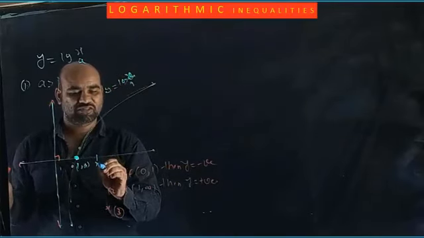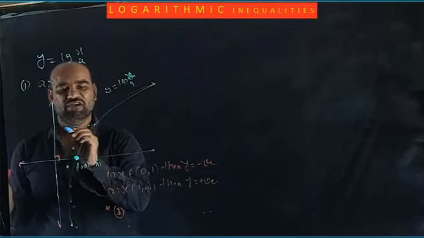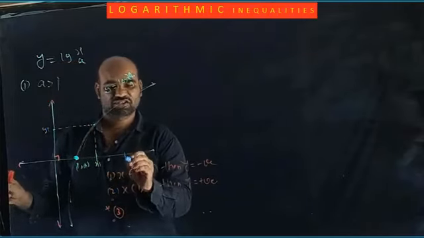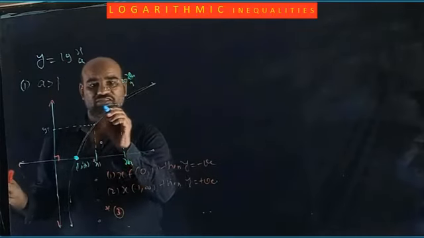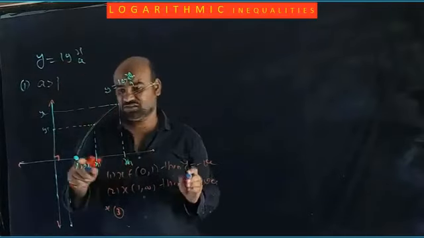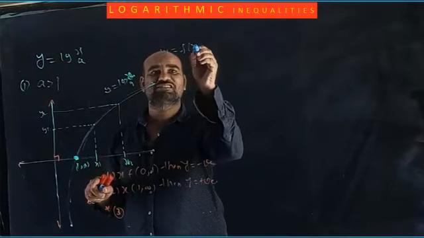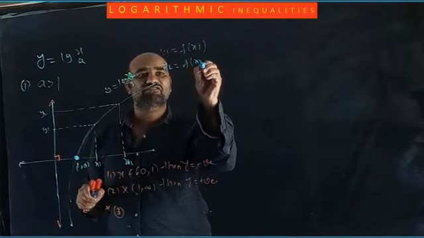Say this is x1, and its corresponding y value is y1. This is x2, and its corresponding y value is y2. Observe here. Y1 means f of x1 only, and y2 means f of x2 only.